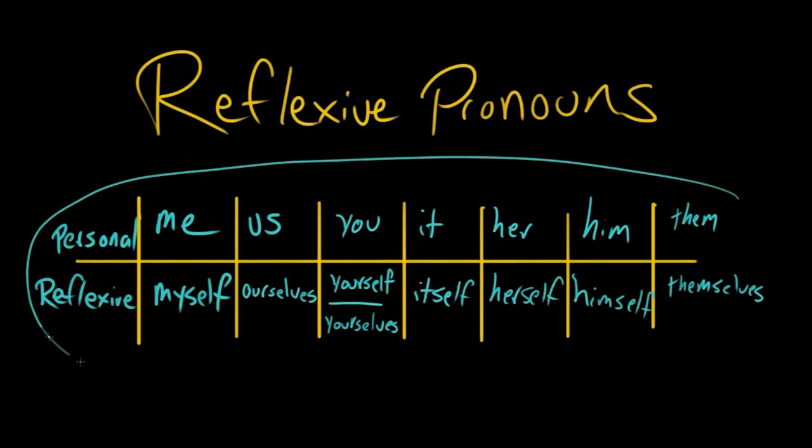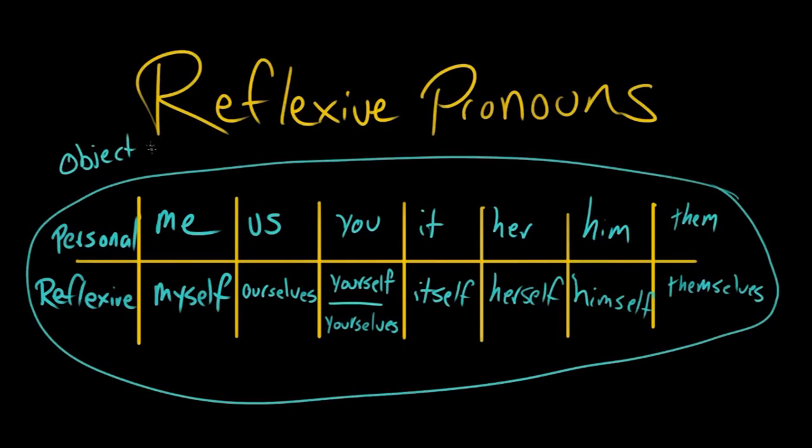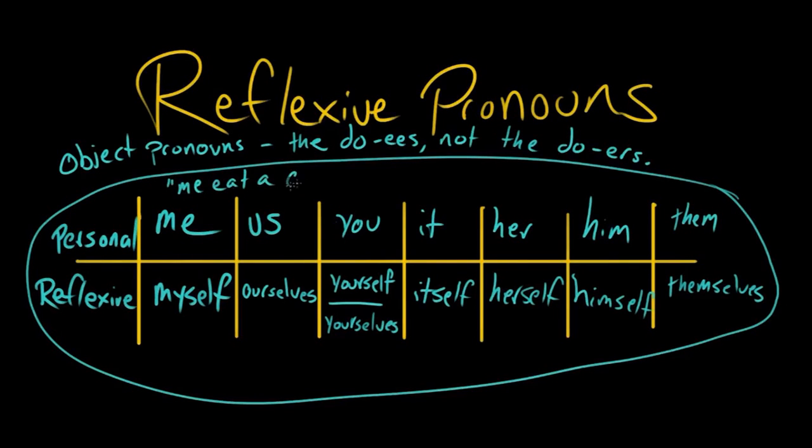Now all of these are what we would call object pronouns. They can all be the object of a verb. So they're never the doers, they're always the doees. With the exception of you or it, none of these pronouns can be the subject of a sentence. In standard American English, it is not grammatical to say, me eat a cookie, for example. It's part of why Cookie Monster sounds so funny. So then the question becomes, when do you use these?